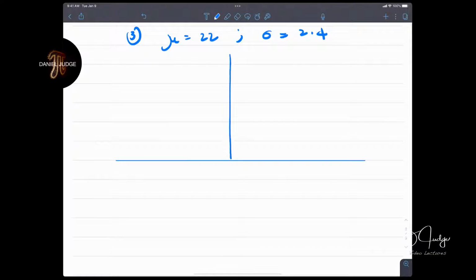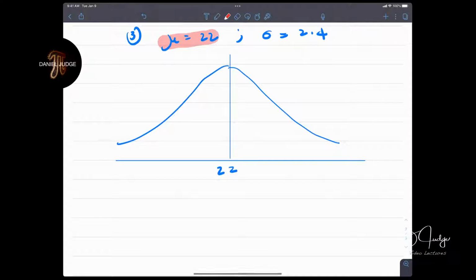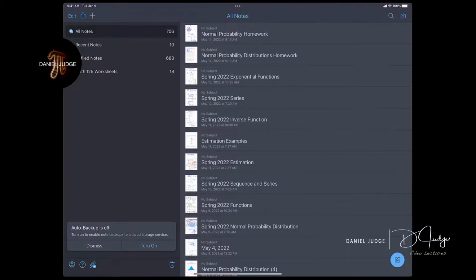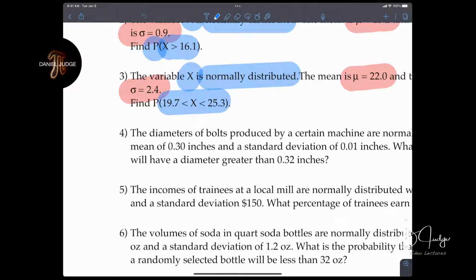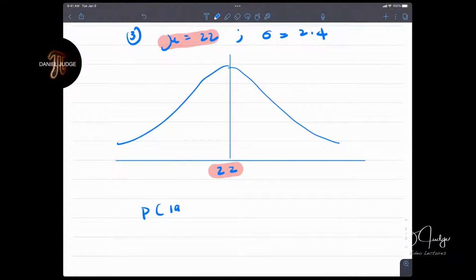Draw a picture of the bell, right? The mean goes right in here, the center of your normal distribution. Now remember the probability question. It's a between question. They want to know the probability your normal distribution x is between 19.7 and 25.3. 19.7 less than x less than 25.3. This is your random variable.